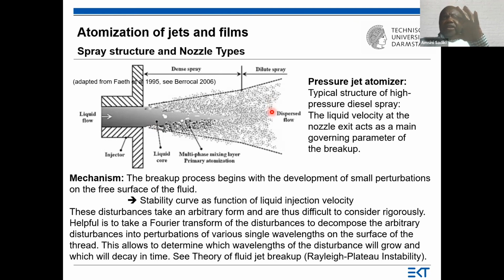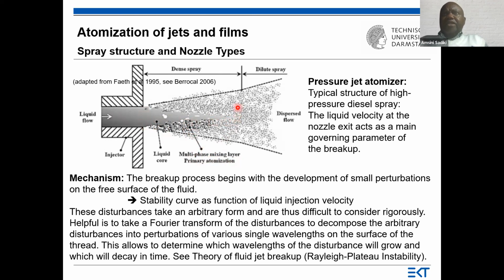So I will now go into details, taking an example of a plane jet, a plane atomization, and it is a pressure jet atomizer. So we see that the flow is coming here with this thickness, and we have here the liquid core. It is the length of the liquid core, and we have the multiphase mixing layer. We have the primary breakup, and it goes up to here.